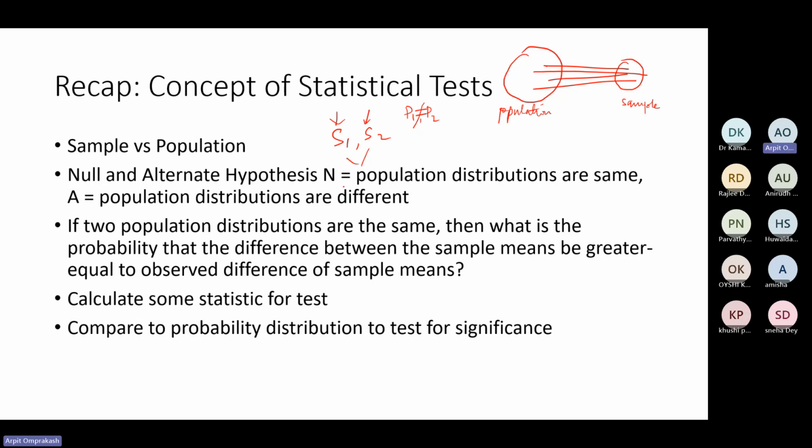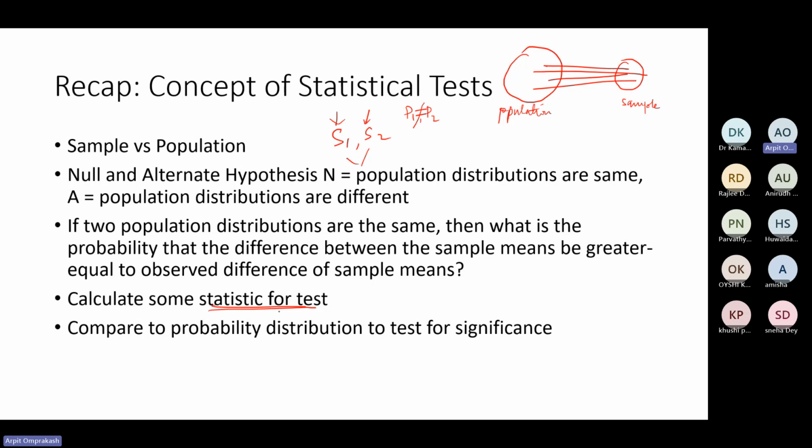Then to compare the two populations or distributions, we have some statistic for the test. Different tests will have different statistics that they test, and they'll be checking between different things, like if the means of the populations are the same, or if the variances of the populations are the same, and stuff like that.